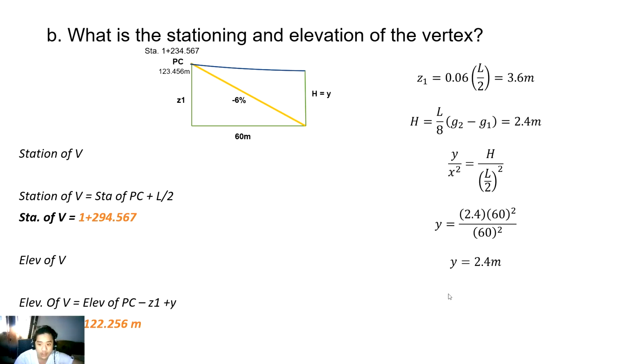Then, makukuha natin yung Y as 2.4 meters. So, having that, makukuha na natin yung elevation of vertex. So, elevation of PC, which is 123.456 minus Z1, which is 3.6, plus Y, which is 2.4, we'll get 122.256 meters.